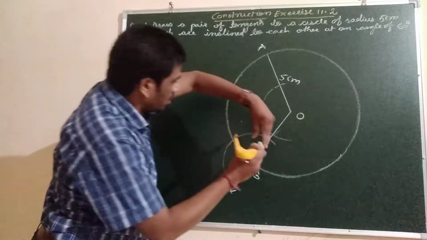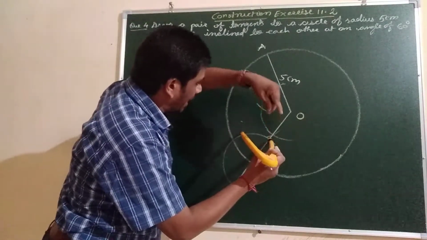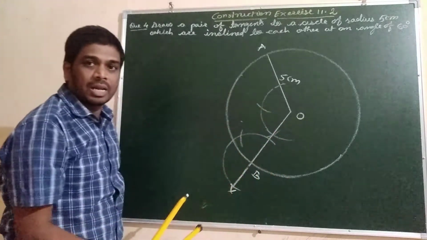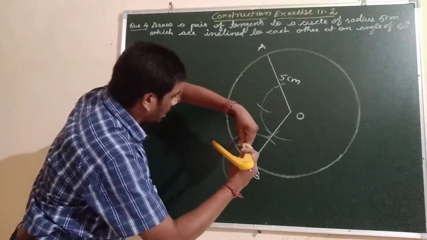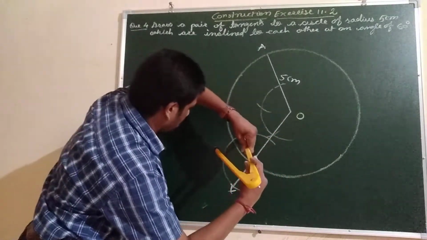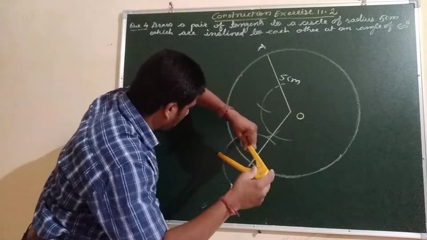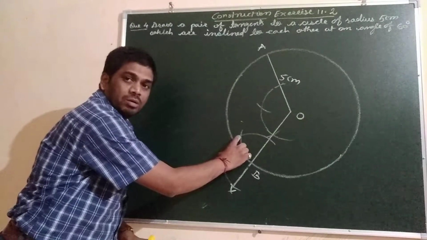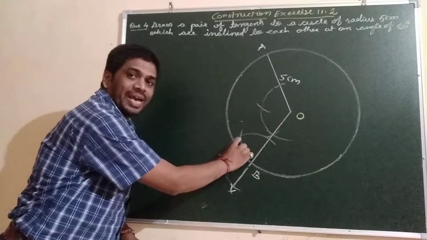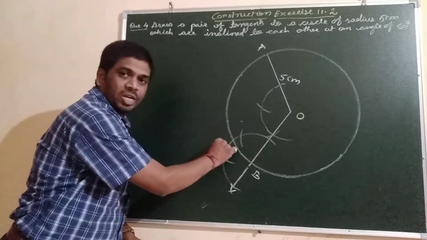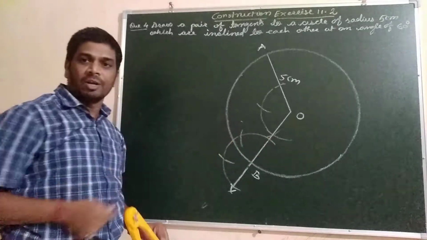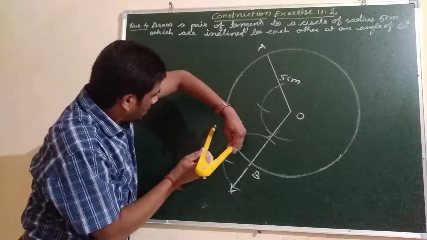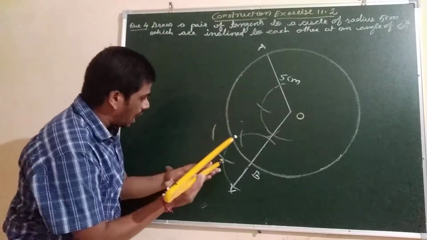Now by the same radius it will cut the arc on this semicircle, so it will be 60. Again it will cut from this point, so it will be 120 degree, and we will bisect this.